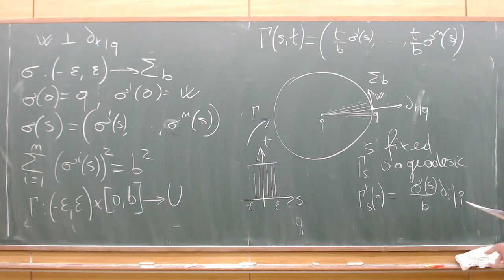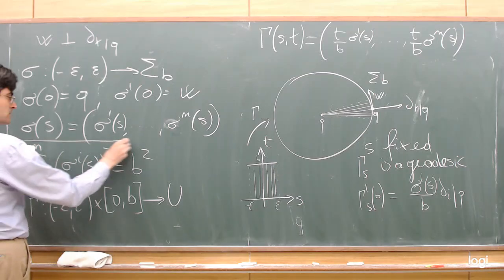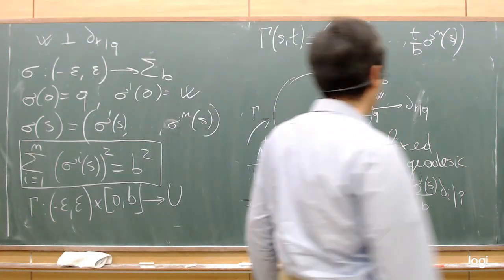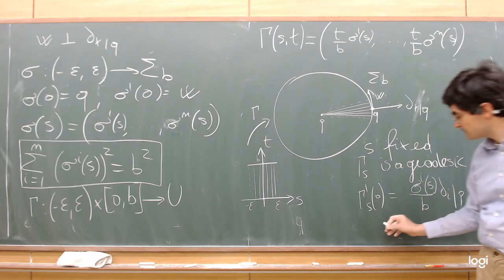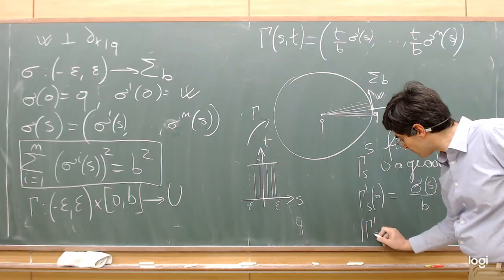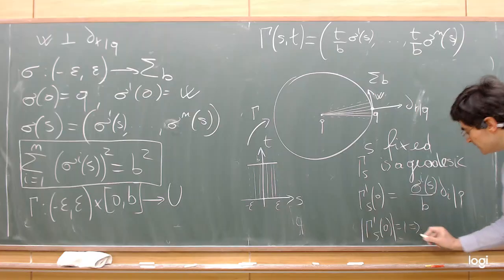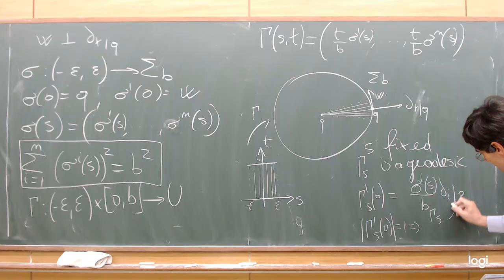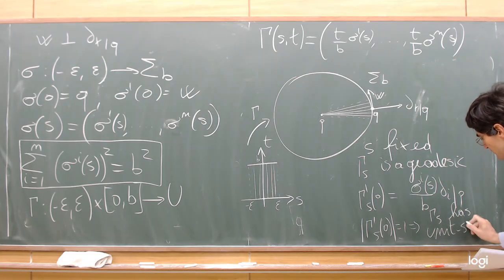And since we have this formula, and the fact that G, the metric, is Euclidean at P, then this has length 1. This implies gamma S has unit speed.